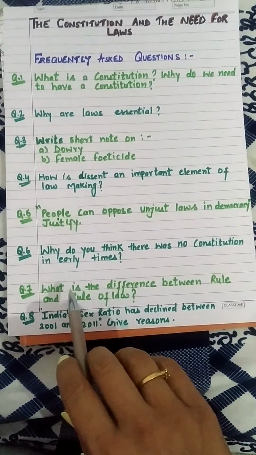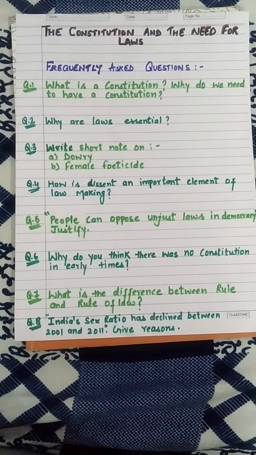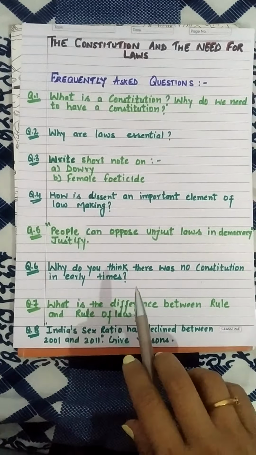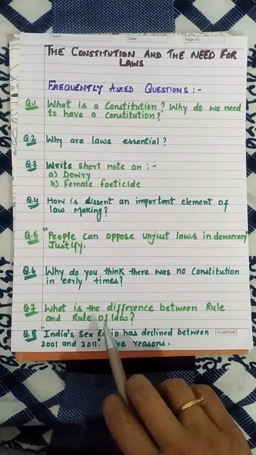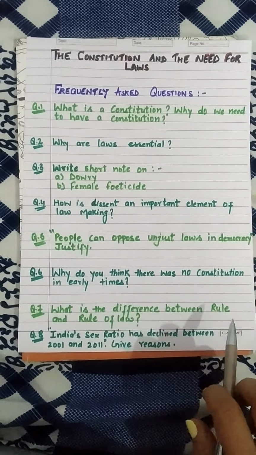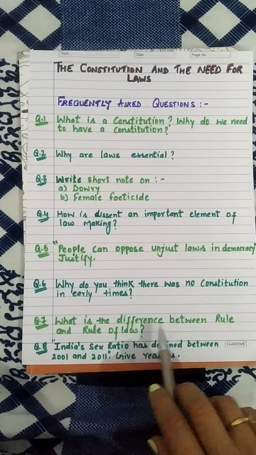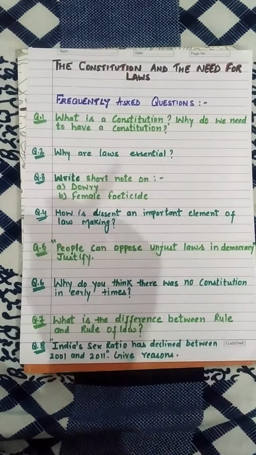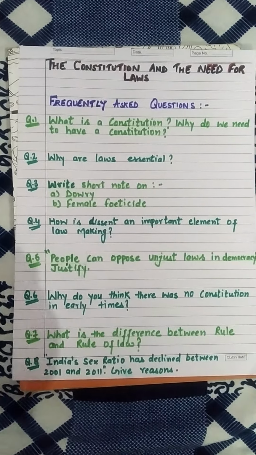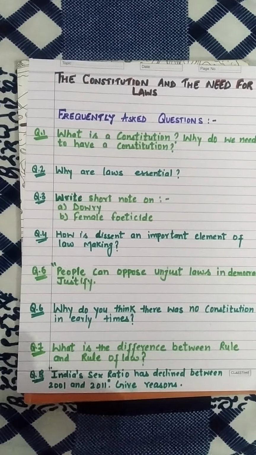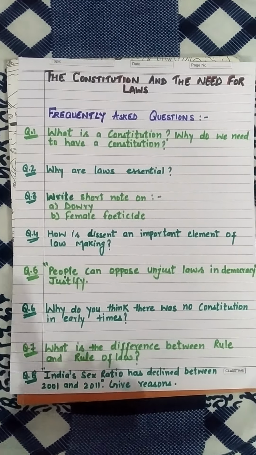Now the next is, what is the difference between rule and the rule of law? So before we go to the rule and the rule of law, what is the main difference? Before we understand this, rules are a set of rules governing conduct within a particular area or activity.